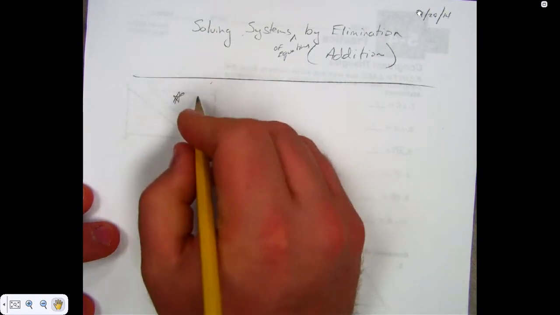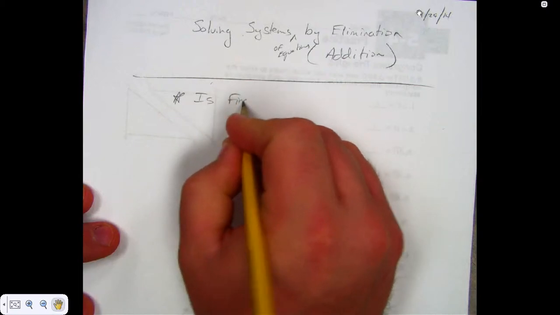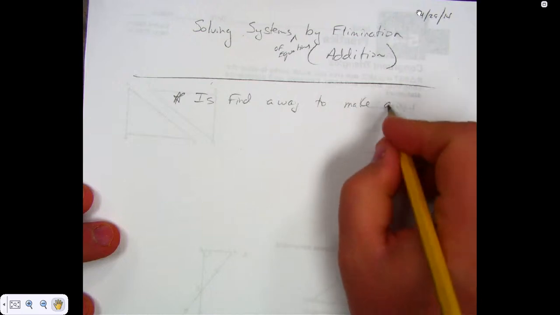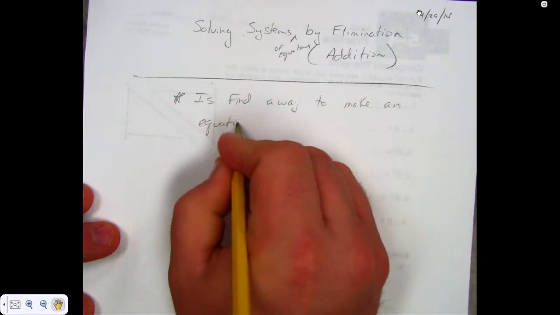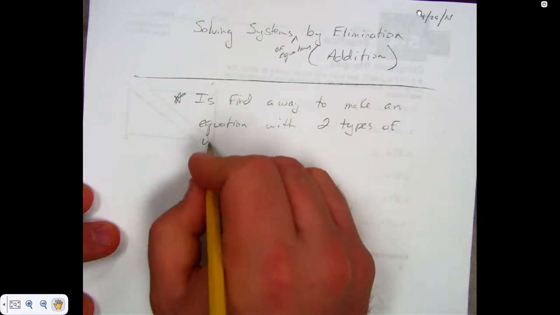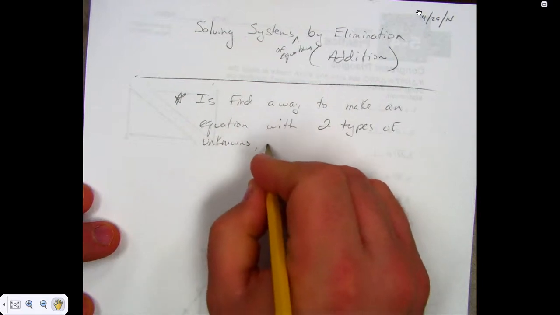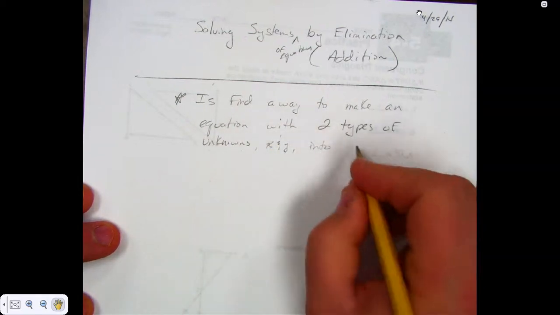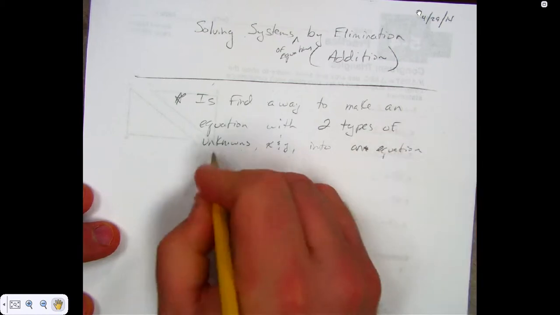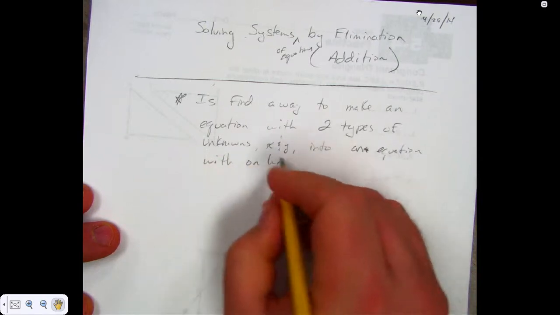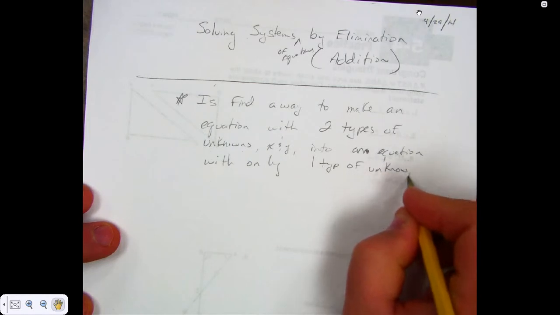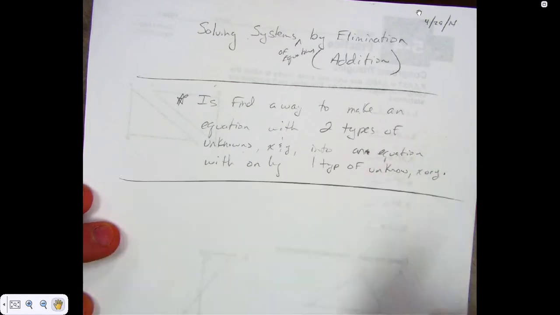And our number one goal each time is to find a way to make an equation with two types of unknowns, example, x and y, into an equation with only one type of unknown, x or y, correct? That's our number one goal.